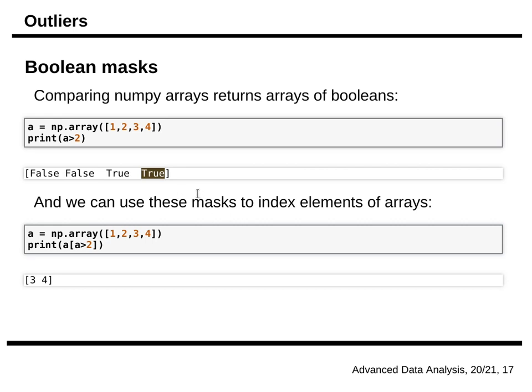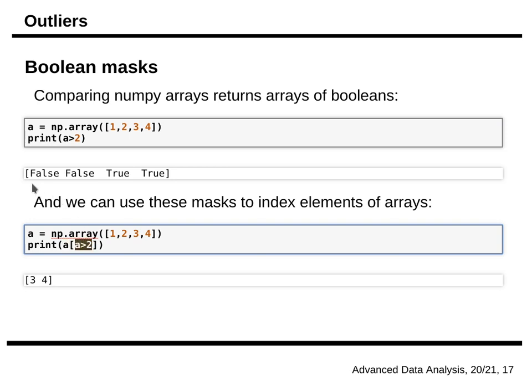So we can create an array of Boolean values by comparing each element of our array of data to some threshold. We can also use these arrays of Boolean values to index specific elements in our array. So for example, if I want from the array A everything that is greater than 2, I can say that I want from A those values that are greater than 2.